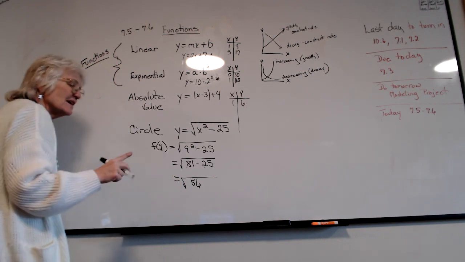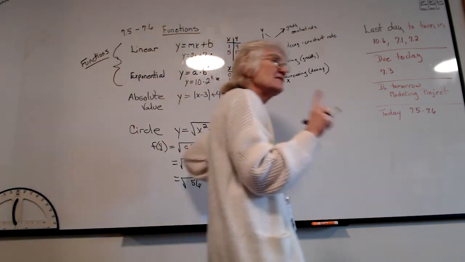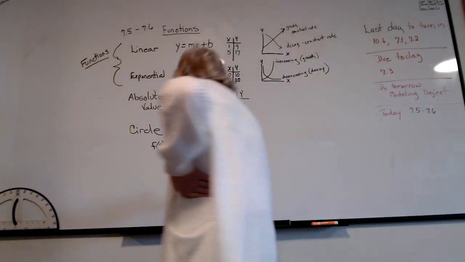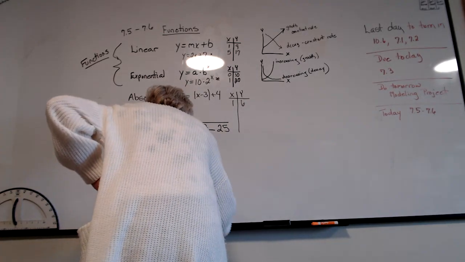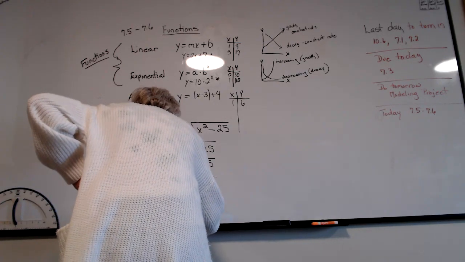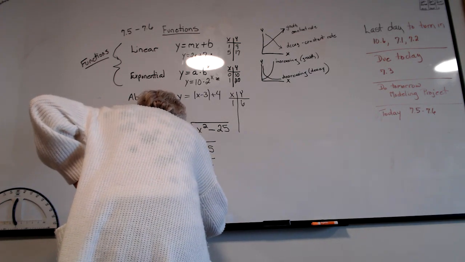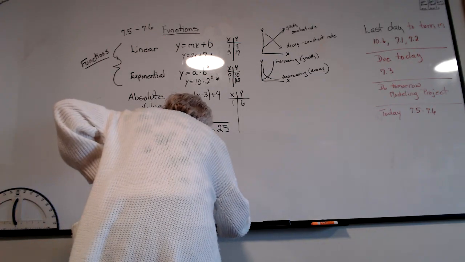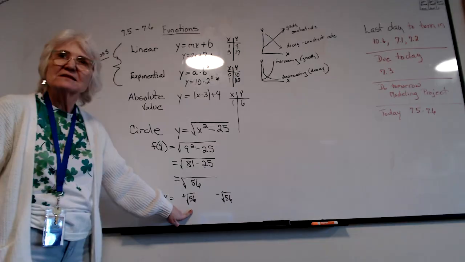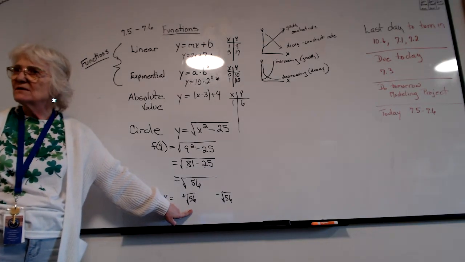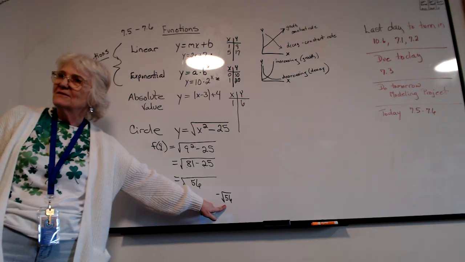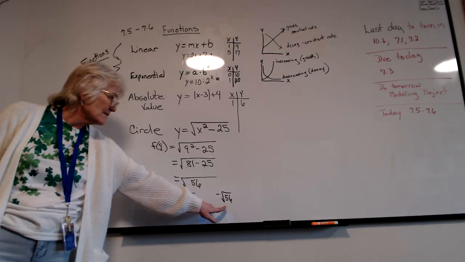If I put that in the calculator, I will actually get one answer, but really, square roots have both a positive answer and a negative answer. So x would equal the positive square root of 56 and the negative square root of 56, because if I square this, it would be 56. If I square this, it will be negative, or it would be positive.